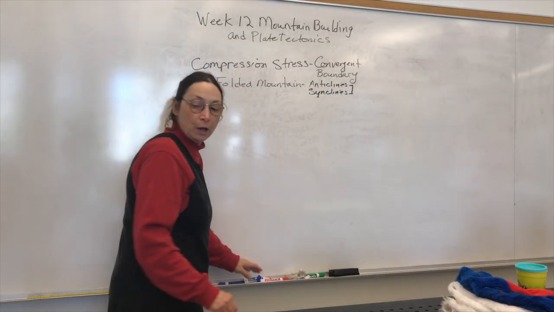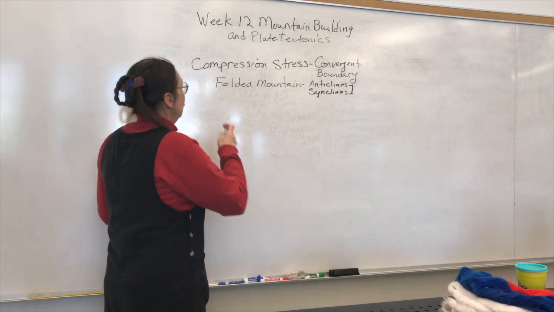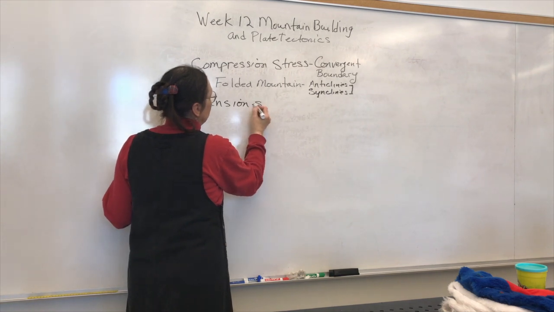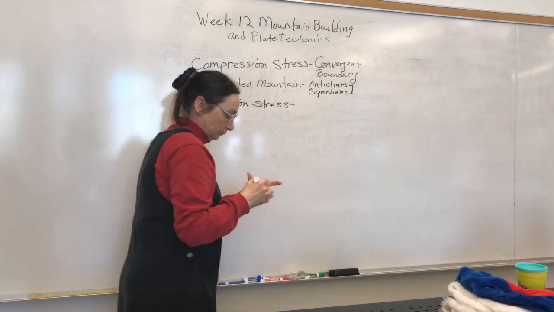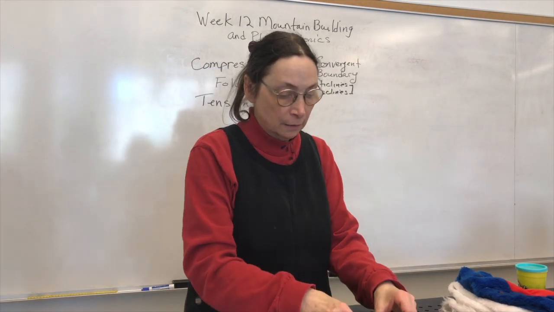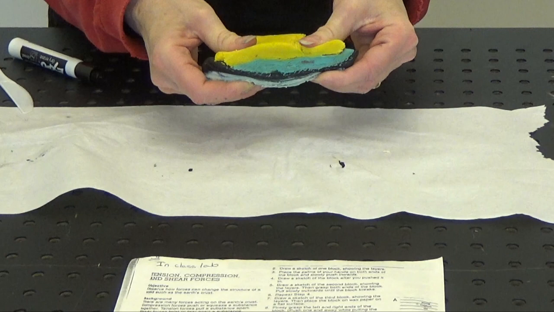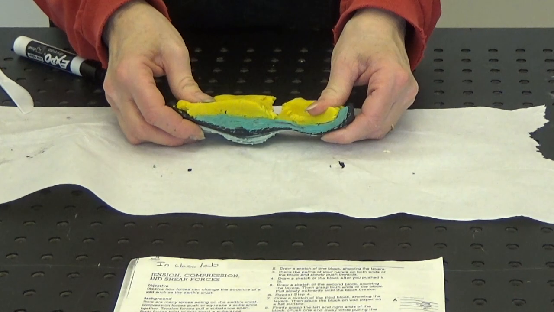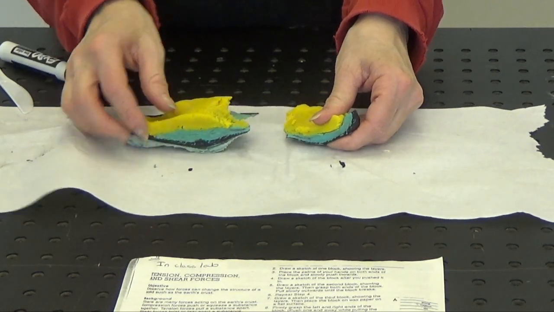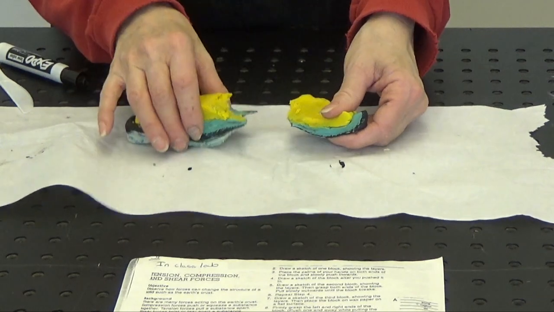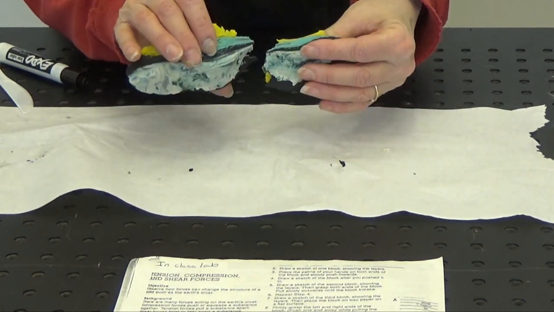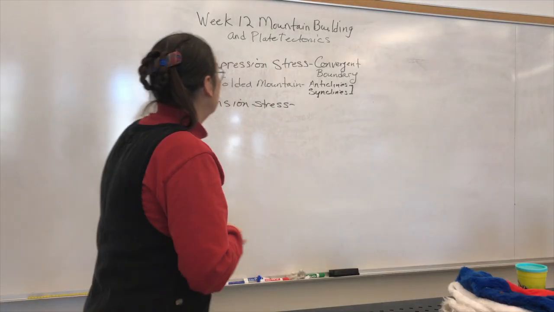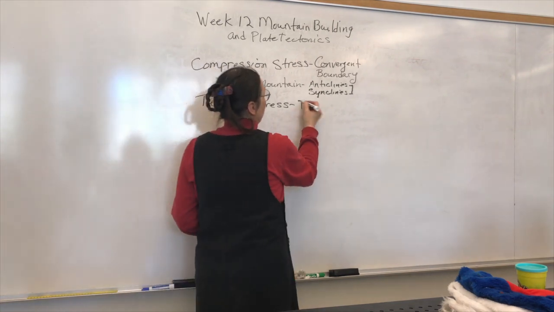Next, you're asked to apply tension stress. In this case, you're going to pull the layers apart. Eventually, you'll create a fault or a break between the 2 layers, the 2 setups. This would be along a divergent boundary.